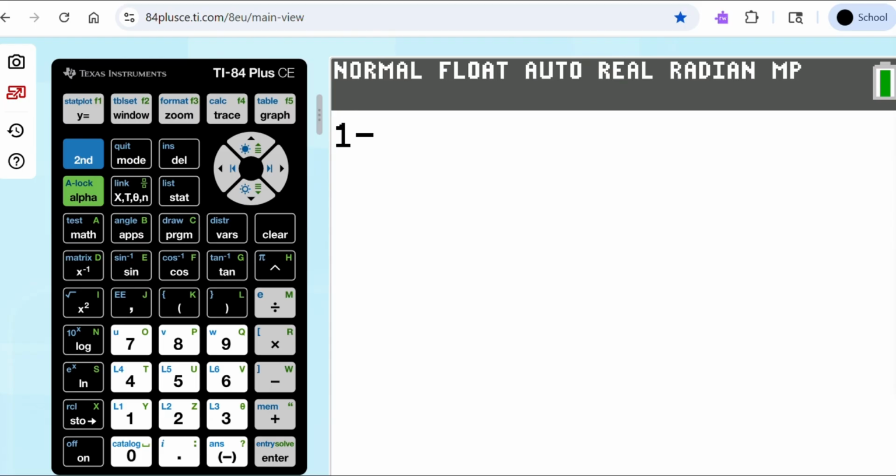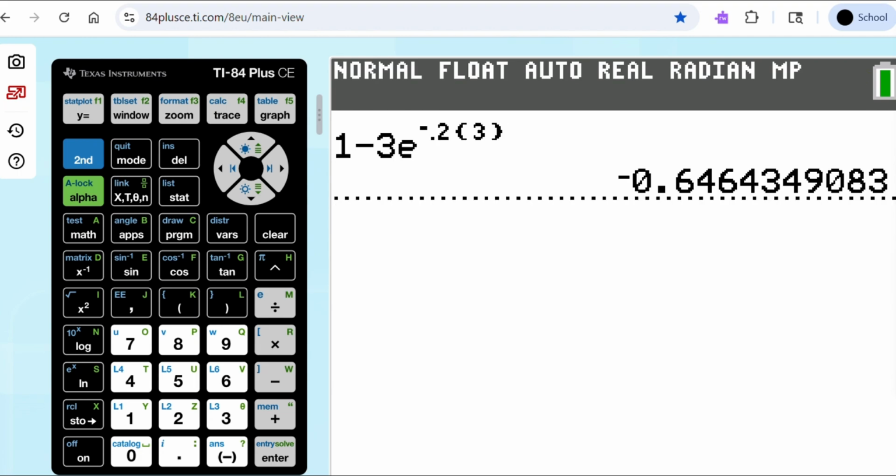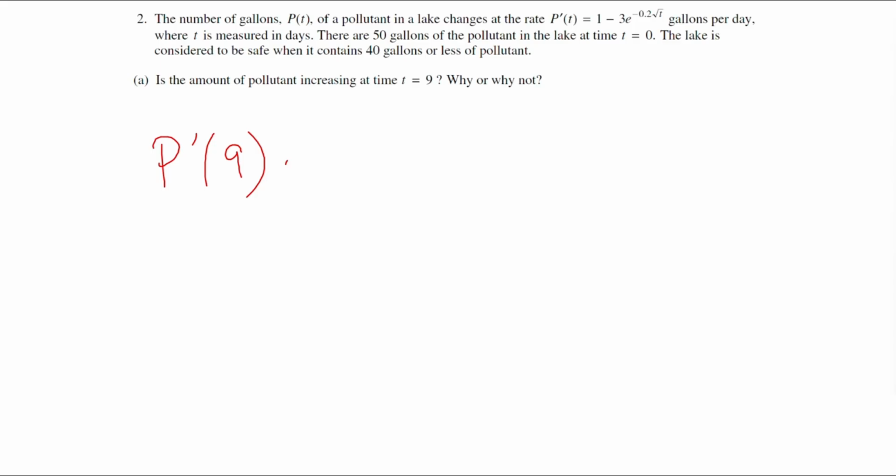So 1 minus 3 e to the power of -0.2 square root of t, times the square root of 9. Square root of 9 is 3, and it looks like that comes out to be -0.646, which is less than 0.